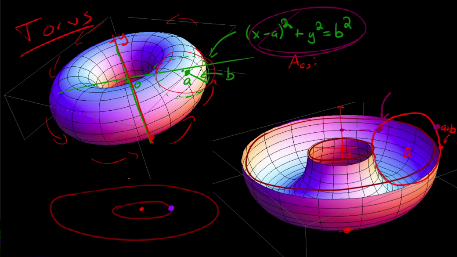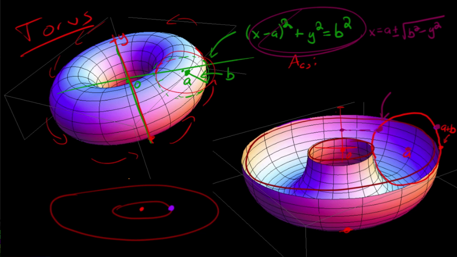If I solve for x, I would get a plus or minus the square root of b^2 - y^2.